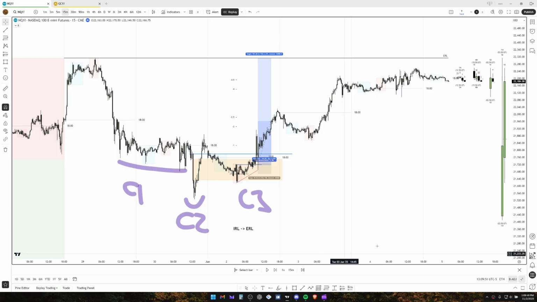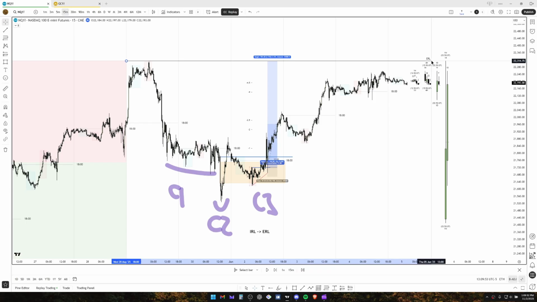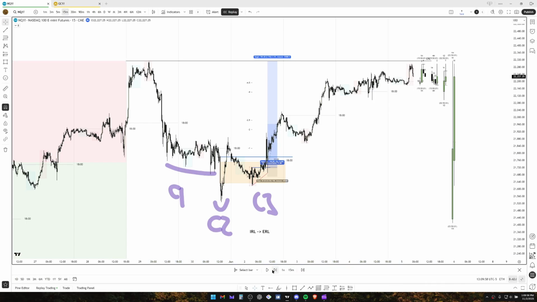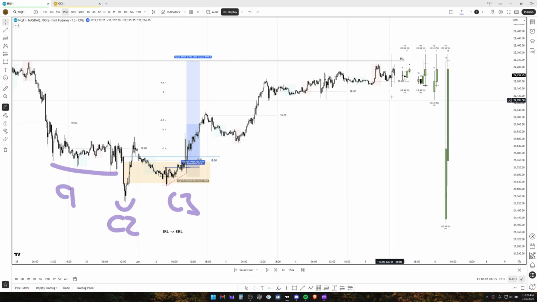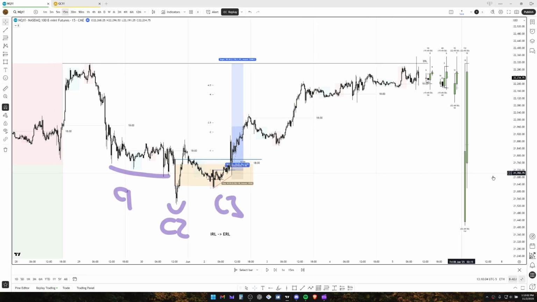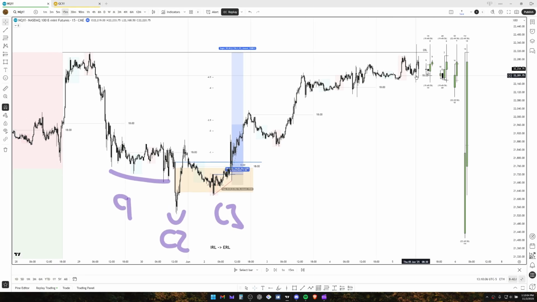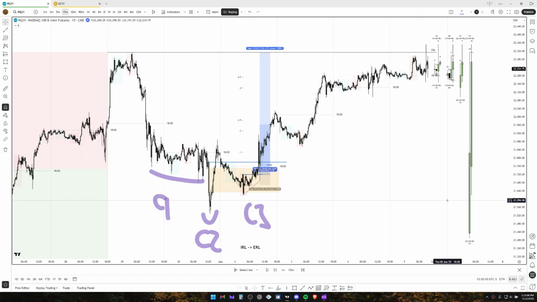Playing around right next to the external. Finally, London expanded. There you go. Now we finally reached it, the external, on Thursday. Damn.